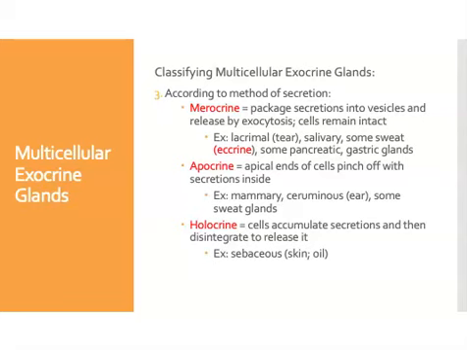Let's start with merocrine. What a merocrine gland does is package up the secretions that it makes into little vesicles, like transport vesicles. And it will release those vesicles from the cells using a process called exocytosis.